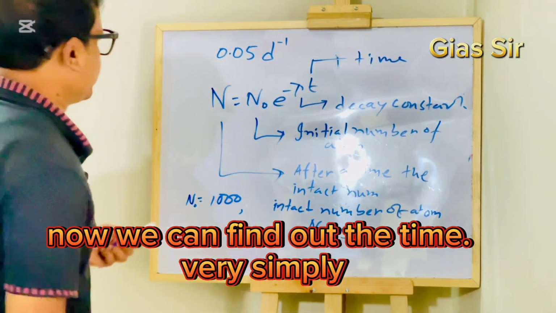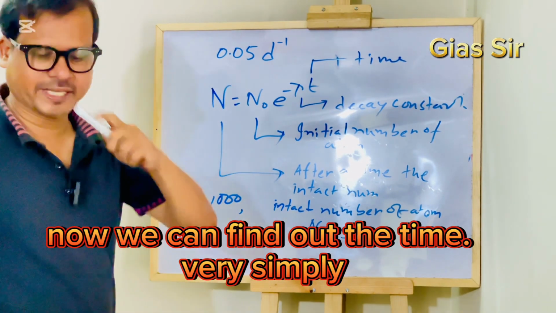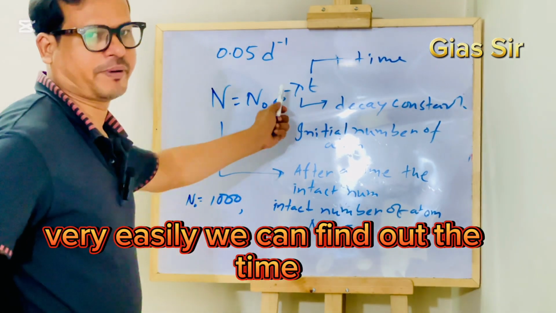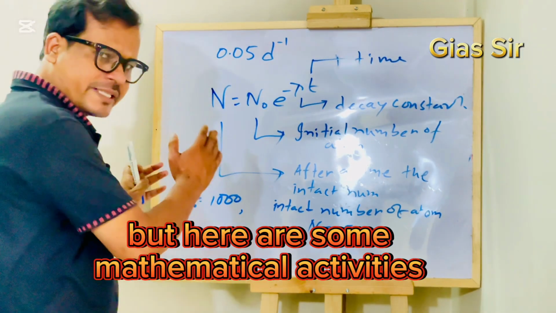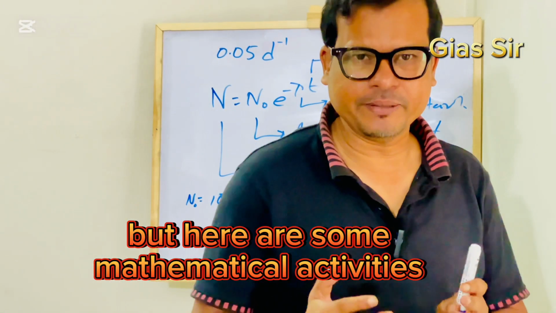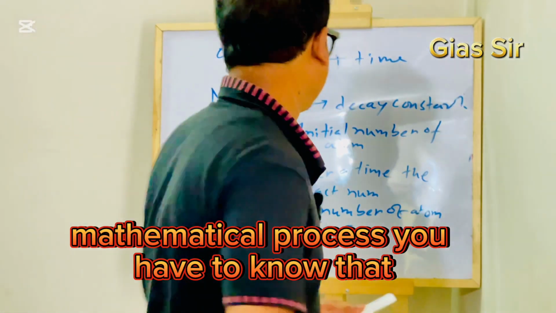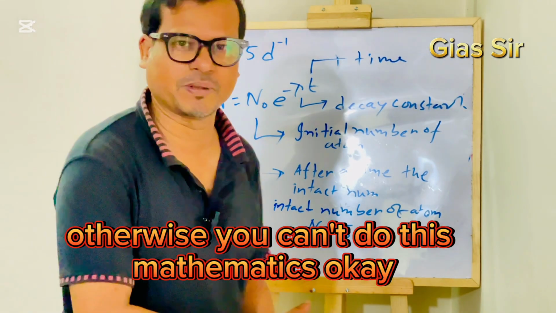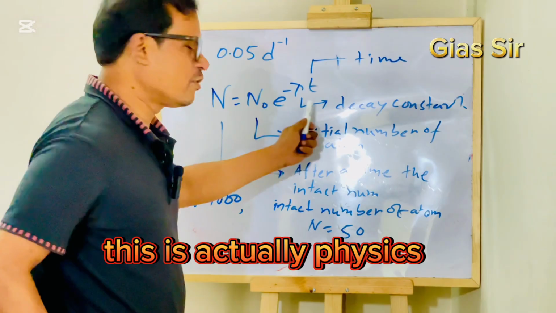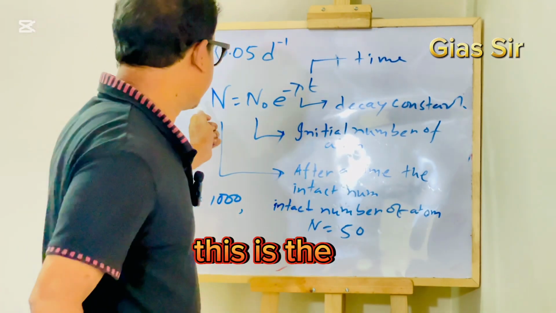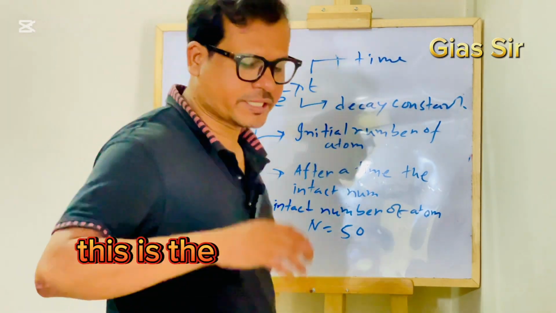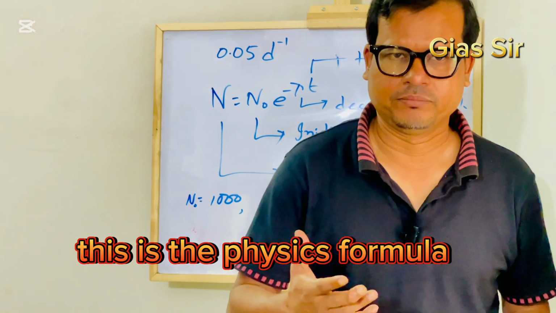Now we can find out the time, very easily. But there is a mathematical process you have to know, otherwise you can't do this mathematics. This is actually physics: N equals N naught e to the power minus lambda t. This is the physics formula.